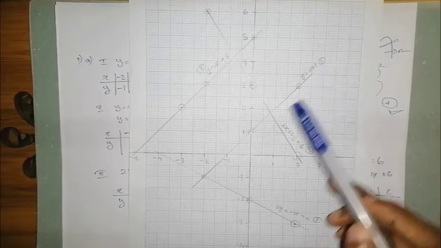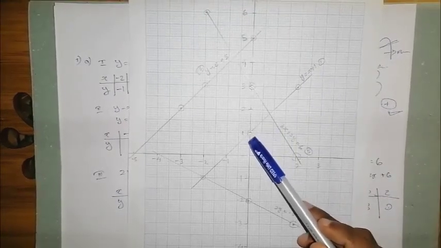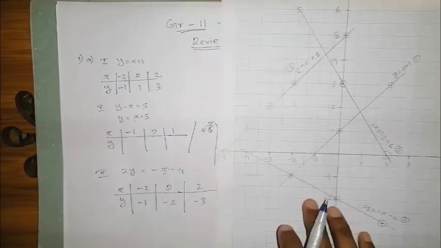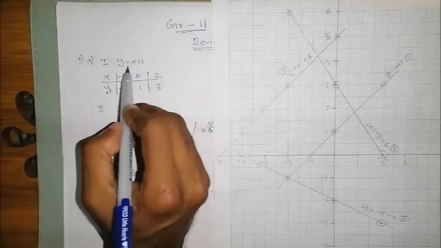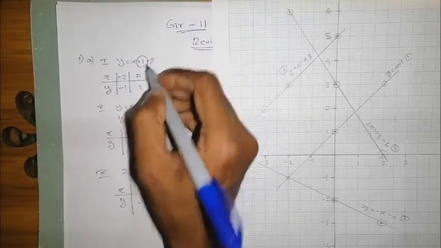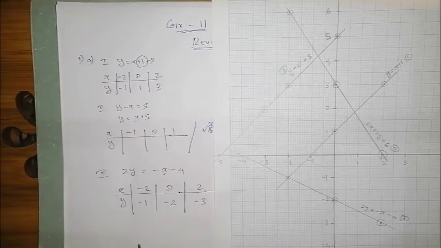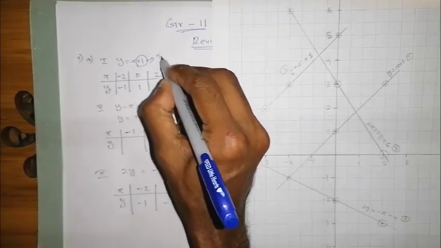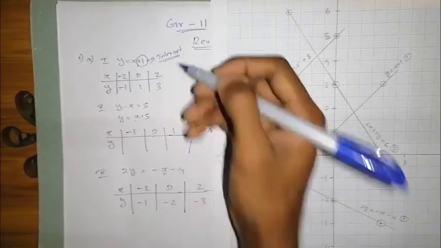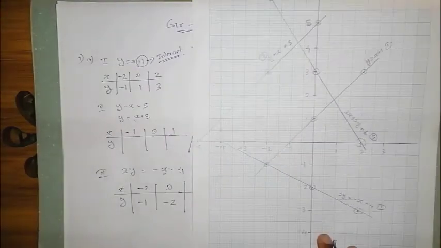For the intersection on the y-axis, we all know in the equation x plus 1, the plus 1 indicates where the linear graph intersects the y-axis. In other words, we can call it the intercept. So remember the theory, intercept.